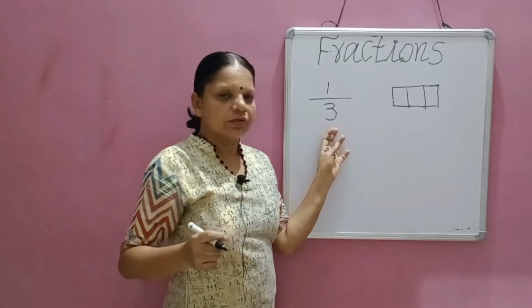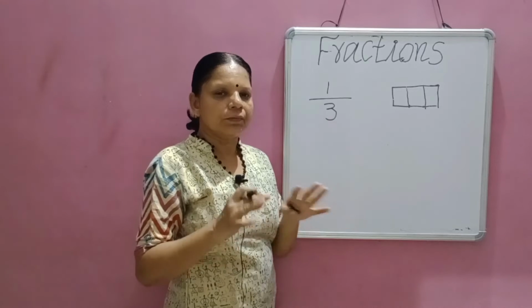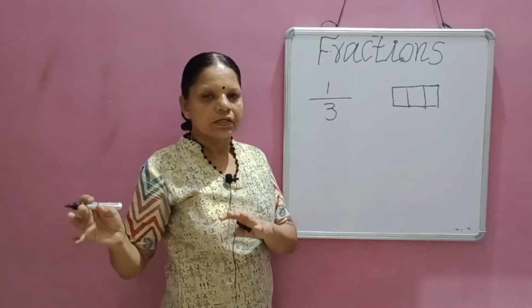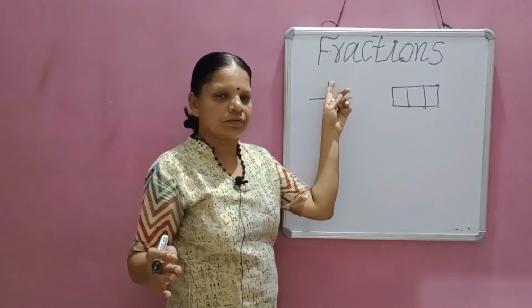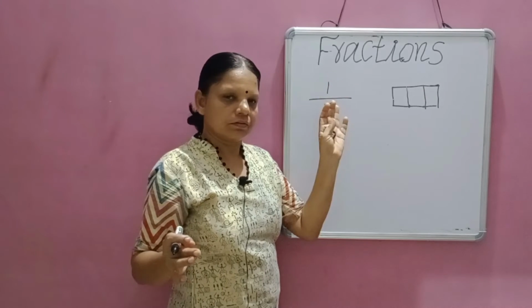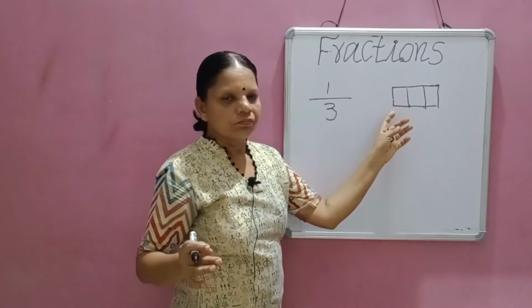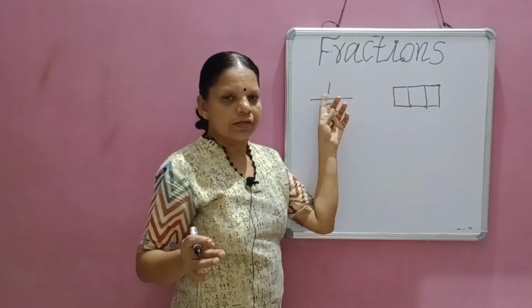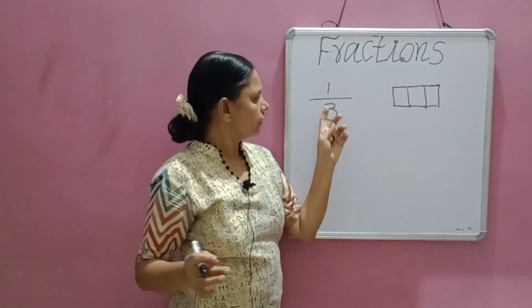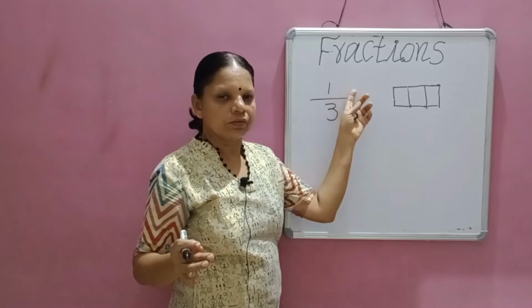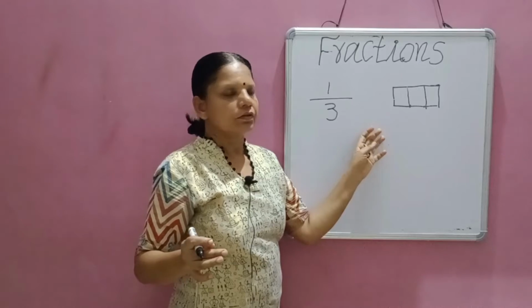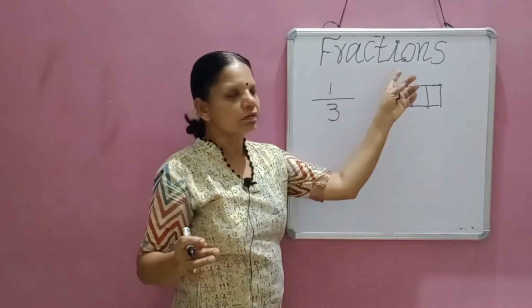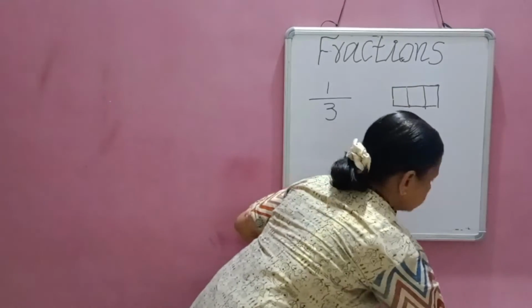The down one written is how many parts it has to be divided. Which you have to divide, that is represented by 1. Clear? So 1 upon 3, to read as 1 upon 3. 1 is called numerator and 3 is called denominator. This type of numbers are called fractions.